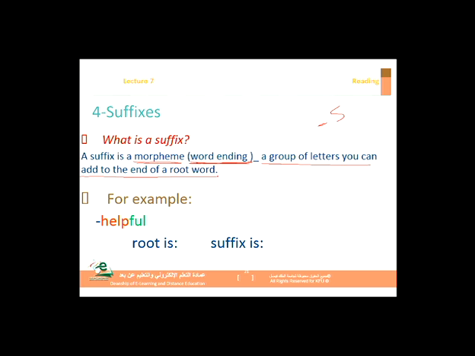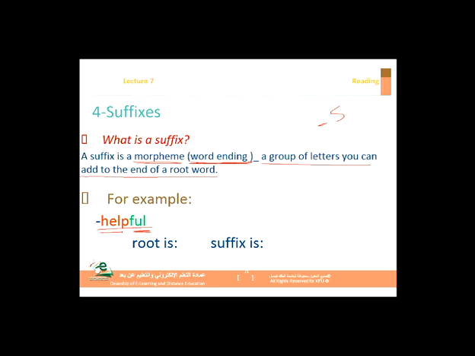Let's look at this example here. We have the word helpful. You might already know the word helpful. But probably some students did not think about suffixes and roots. Right? So some words, you can actually break them down into suffixes, roots, prefixes, and so on.